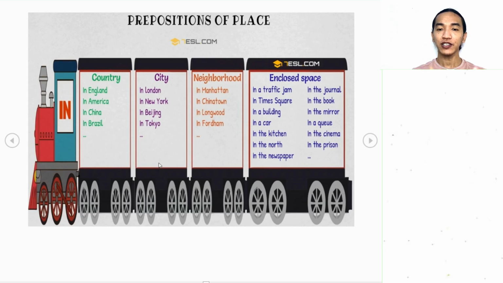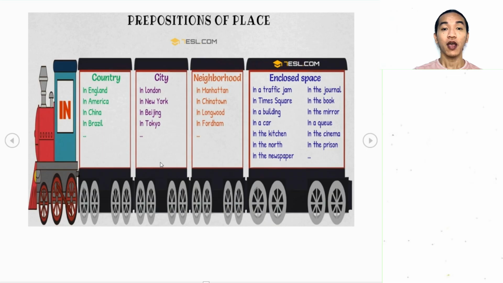Now, these are just some of the examples or the summary of our preposition of place using in. We have the country, the city, the neighborhood, and enclosed space. As you can see there, we just have some examples that you can review.